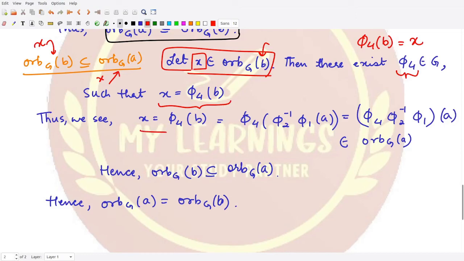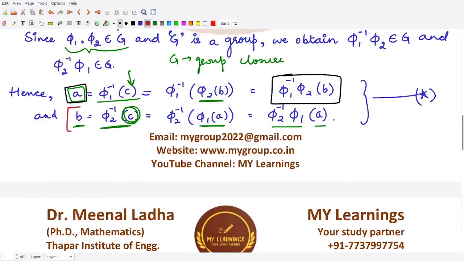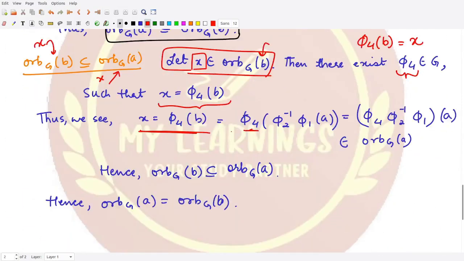Now if we have x is equal to phi 4 of B, according to the equation star, what is the value of B? The value of B is equal to phi 2 inverse phi 1 of A. So using this, we have phi 4, phi 2 inverse phi 1 of A. Now applying the associativity and rearranging the brackets, we have phi 4, phi 2 inverse, phi 1.